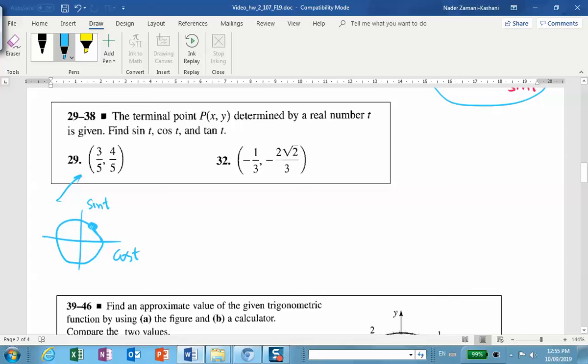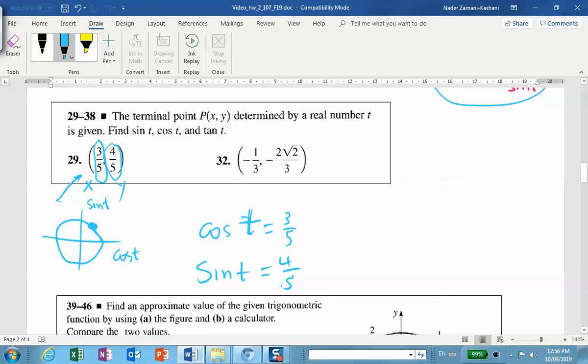If it's somewhere there, this is your x, which is the same as cosine, and this is your y, which is the same as sine. So the moral of the story is that cosine of the parameter t is 3 over 5, and sine of t is 4 over 5.